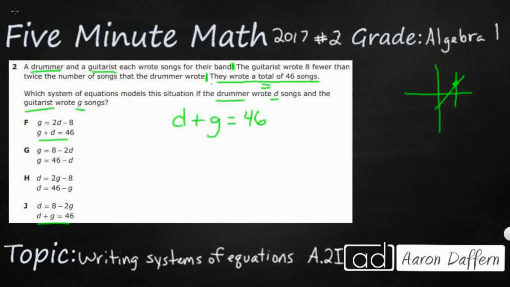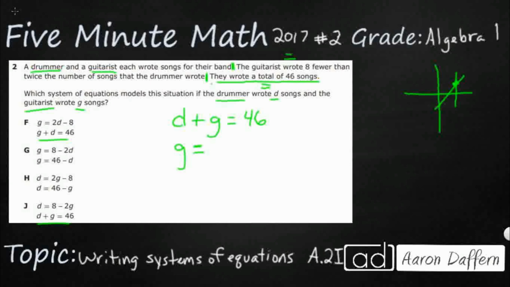That's where we get our next line, and it's written kind of strange. Look at this. The guitarist wrote. Okay, so the guitarist wrote, so that's going to be our G equals. What is that equal to? 8 fewer than twice the number of songs than the drummer. That's kind of weird.